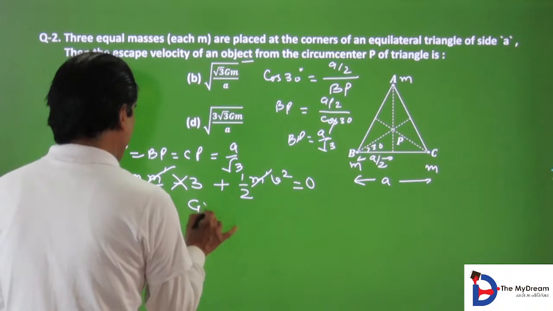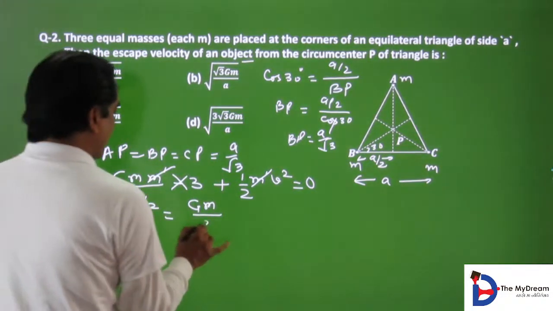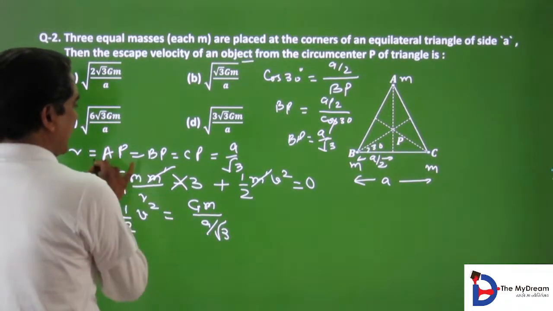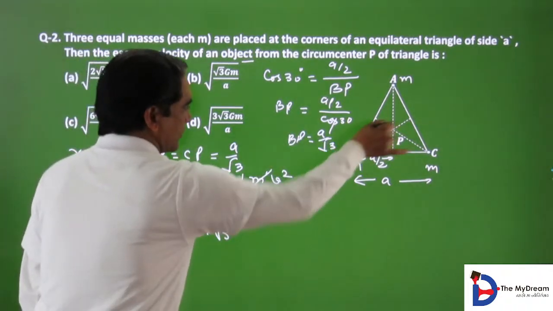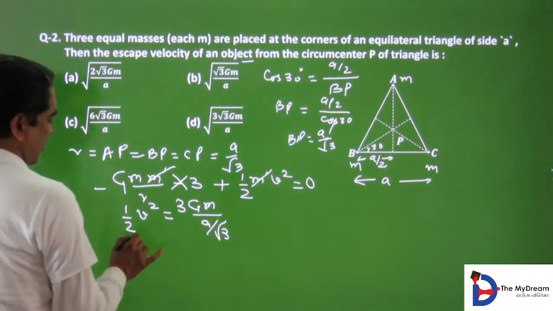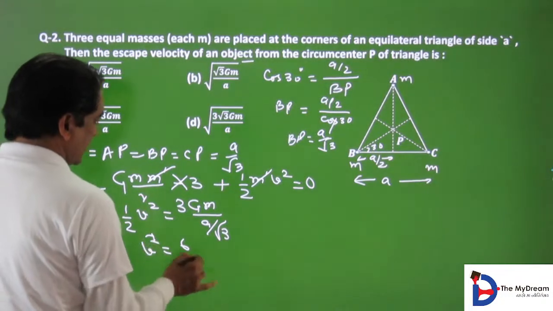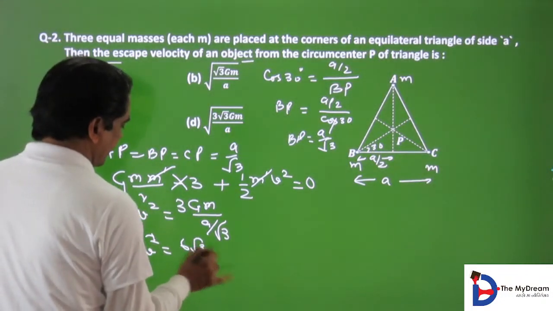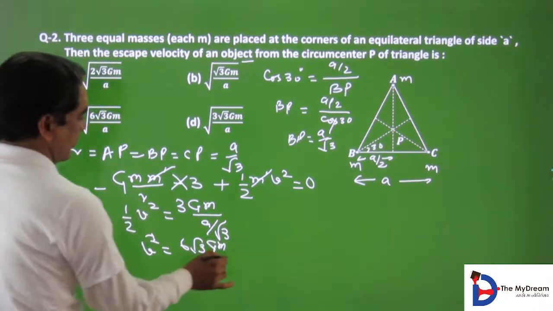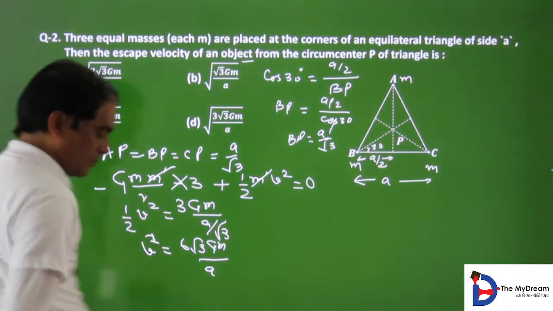G m by r, the value of r is a by root 3. This is the r, and multiplied with this. So v square is equal to 6 root 3 Gm by a, and take the square root.